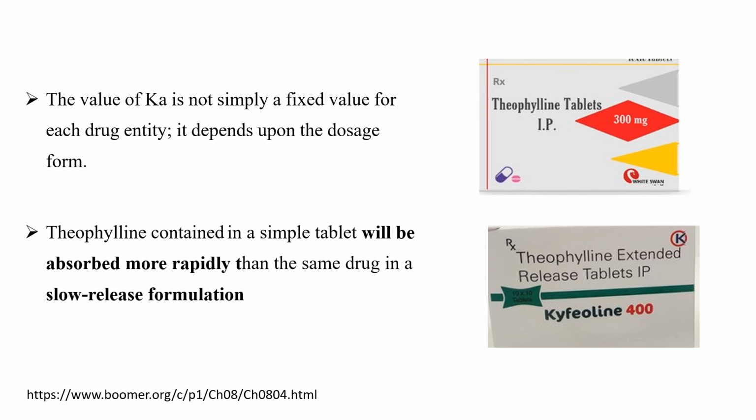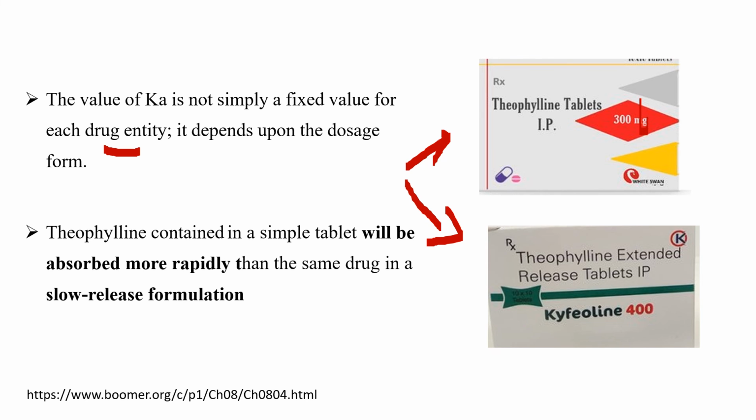This drug theophylline, you might be aware, is used in asthma. It is a very old drug. The value of the absorption rate constant is not simply a fixed value for each drug entity. You have to remember that. It depends upon the dosage form. For example, a simple theophylline tablet will be absorbed more rapidly than the same drug in the slow release form.